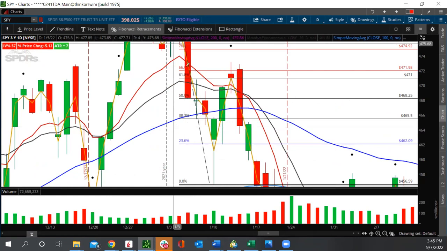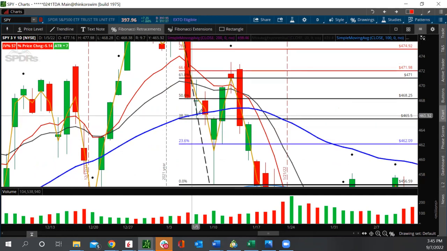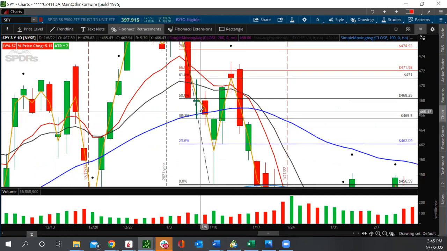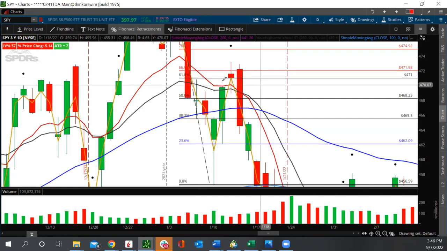The main thing to consider is that these are not specific levels as much as a zone. Think of 38.2, 50%, 61.8 as a zone, and anywhere in that zone is where you want to look for a signal that price is going to start heading the other direction.